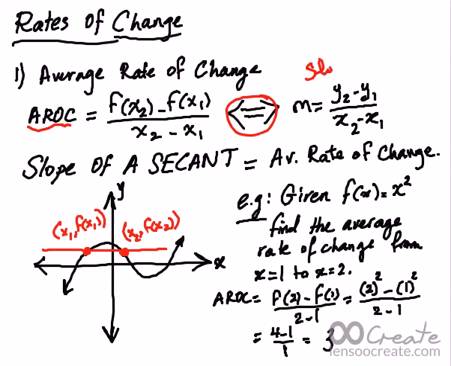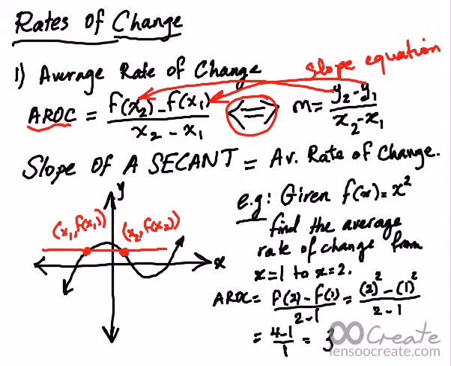So this is the slope equation of a line, and that's m equals y2 minus y1 over x2 minus x1. So we're replacing y2 by f of x2, and we're replacing y1 by f of x1.